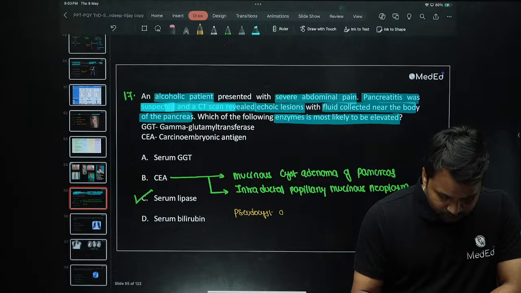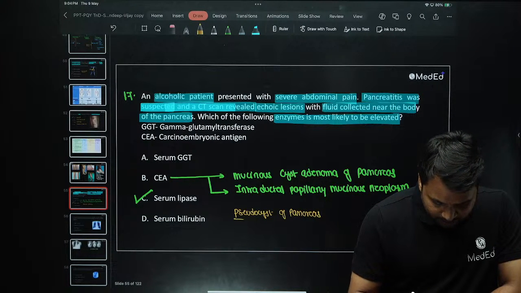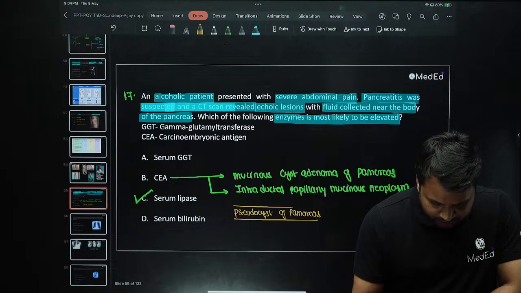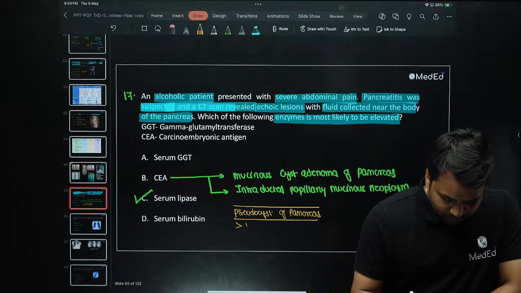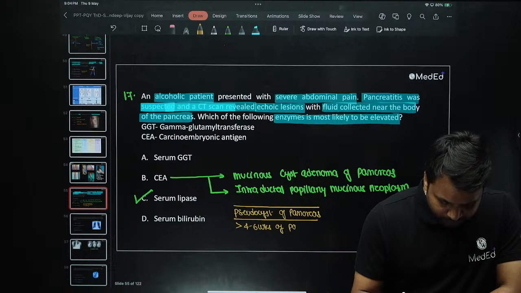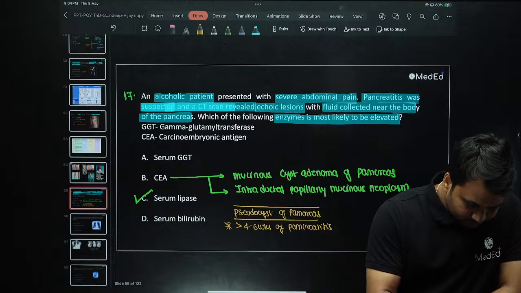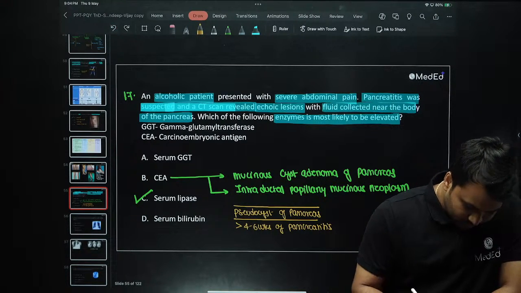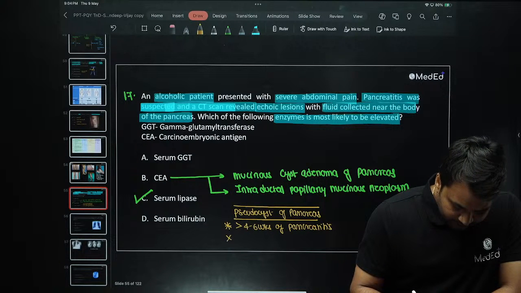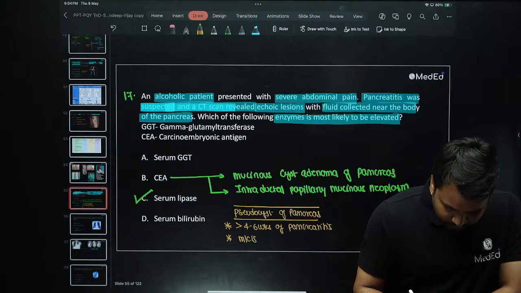Remember, pseudocyst of pancreas takes a minimum of 4 to 6 weeks after the episode of pancreatitis. It is formed after 4 to 6 weeks of pancreatitis. Now, the most common site is going to be lesser sac.